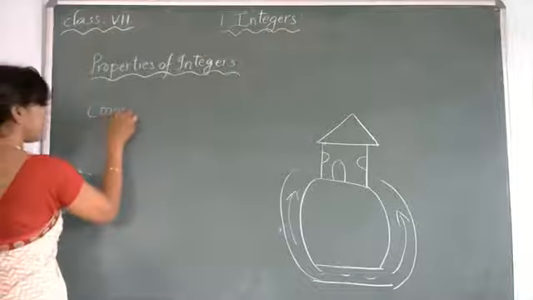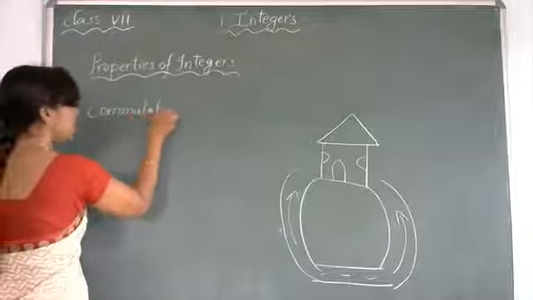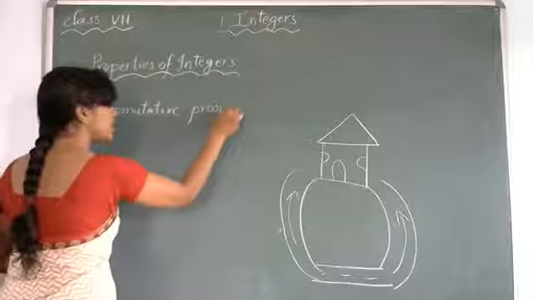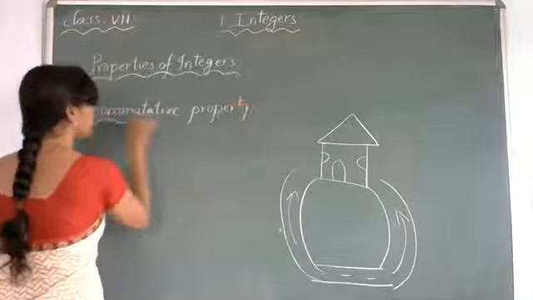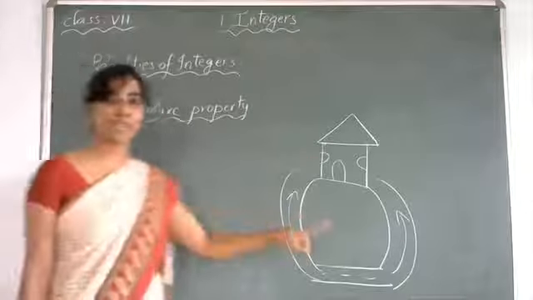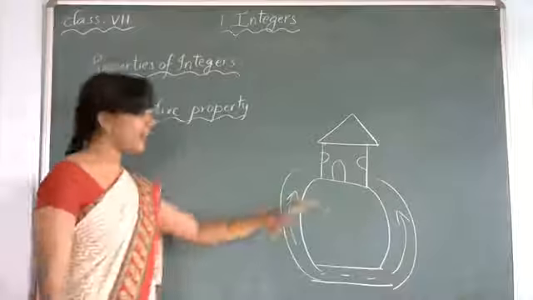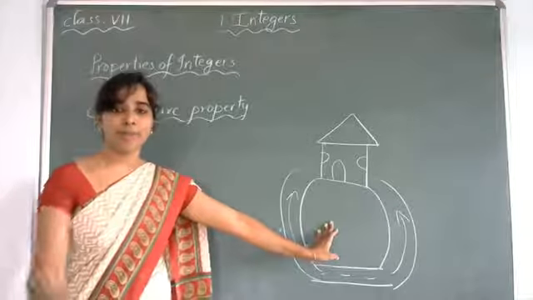So the second property is the commutative property. What is the commutative property? Just now I explained two examples: one I told in the Telugu quotation, and one example to reach my house, where there are two ways.